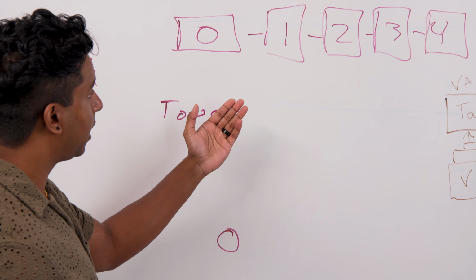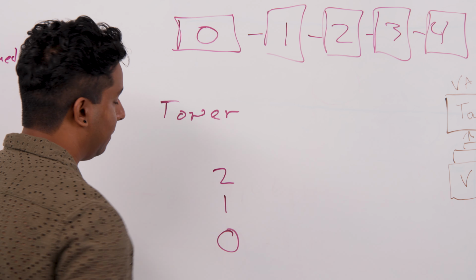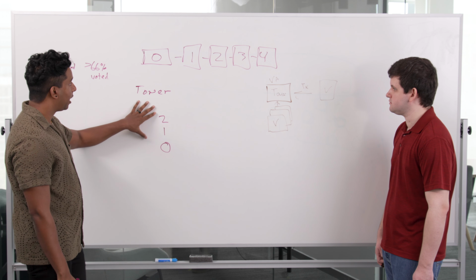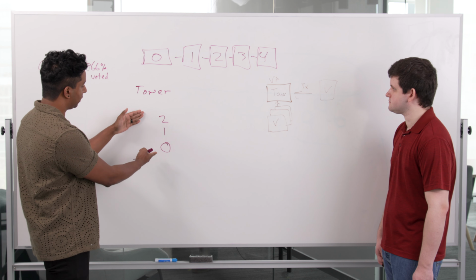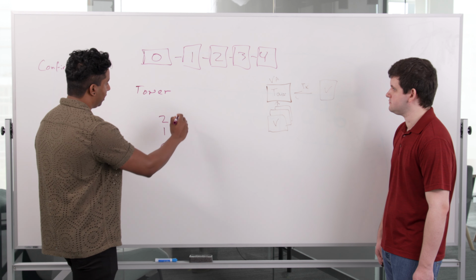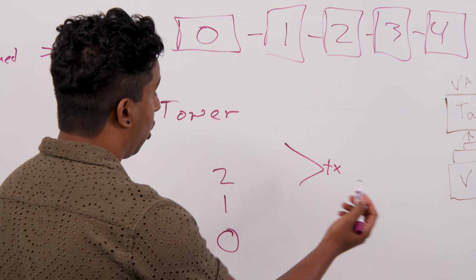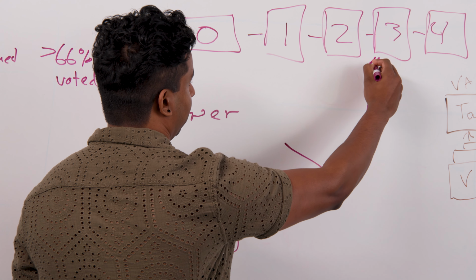Then let's say our validator voted on block 1 and then block 2. This would be their tower after they finish replaying block 2. And then they would send this in a transaction, and hopefully that transaction would make it into block 3.